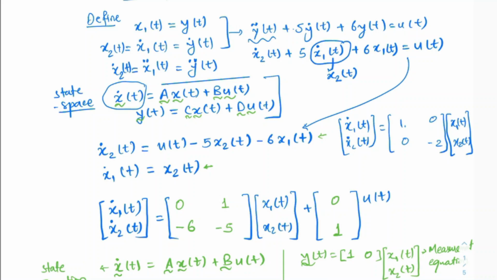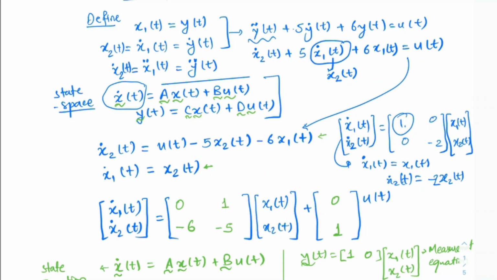So what you are saying is your x1 dot would remain the same as x1. If you write it in the equation form, x1 dot is equal to x1, and x2 dot is equal to minus 2 times x2.